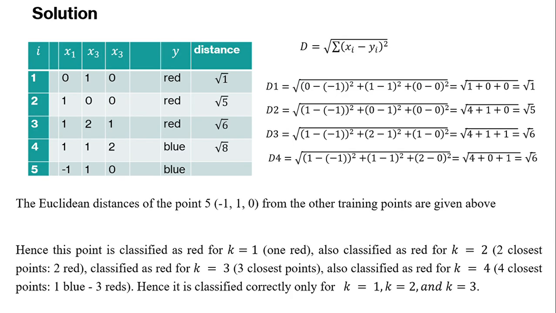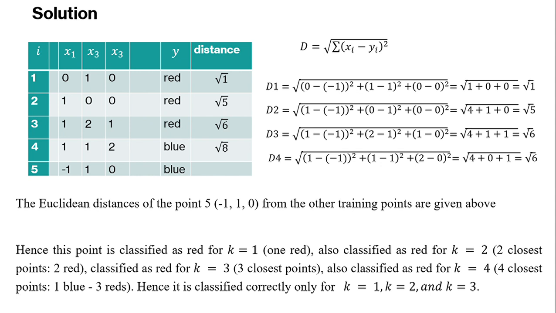Now let's look at the solution. First, we have i as 1, 2, 3, and 4, while the fifth represents the test point. We have our Euclidean distance as the square root of the summation of (xi minus yi) squared.